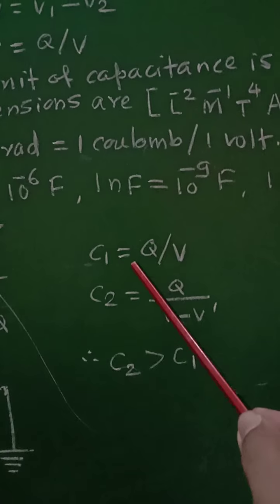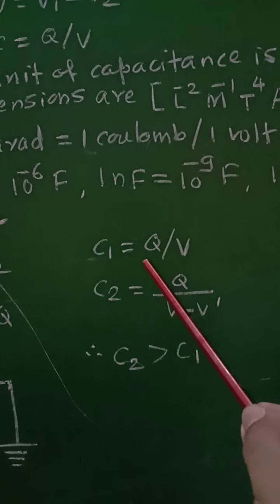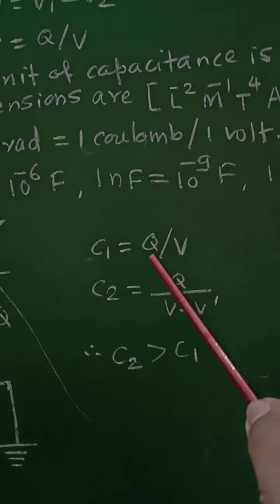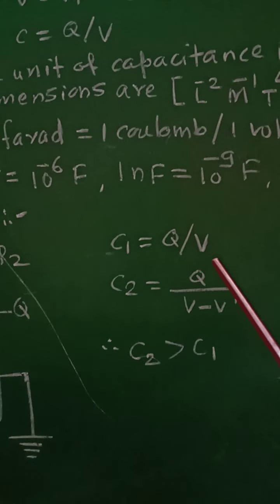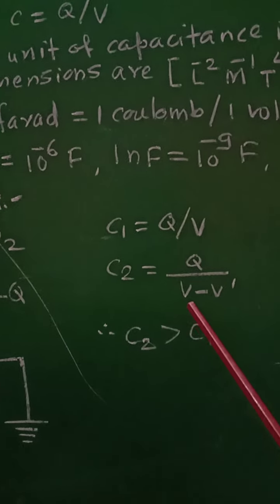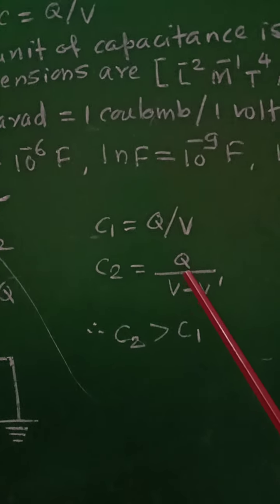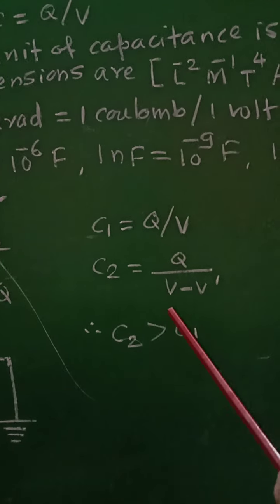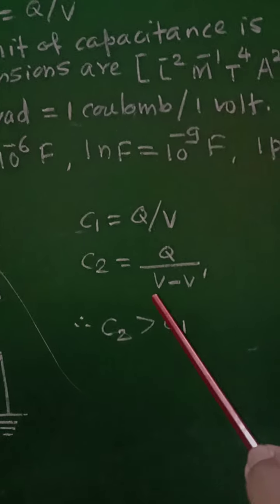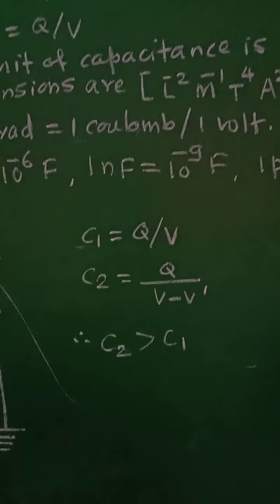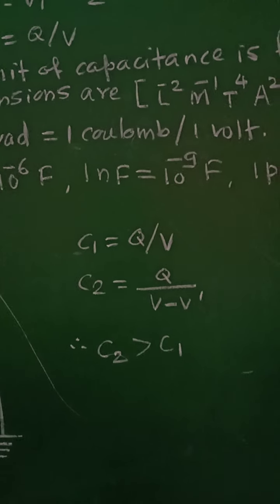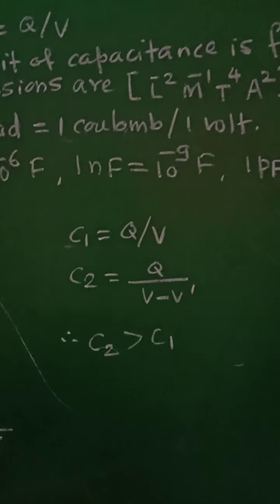In the first case, the capacity of the first plate was C1, the charge was Q, and the potential of that plate was V. But in the presence of the second plate, the charge is again Q, but there is a reduction in the potential, equal to V minus V dash, and hence the capacity C2 equals Q upon V minus V dash.